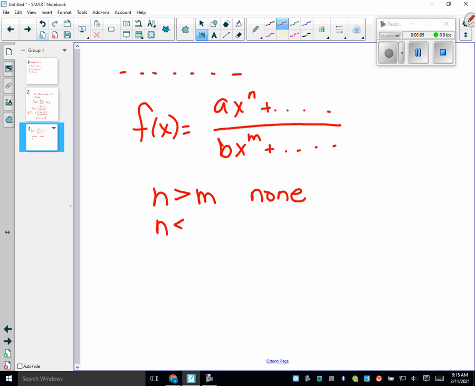If n is less than m, it's y equals 0. What's left? What's possibilities left? N equals m, it's y equals a over b.